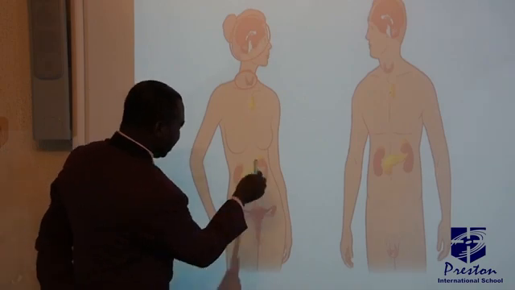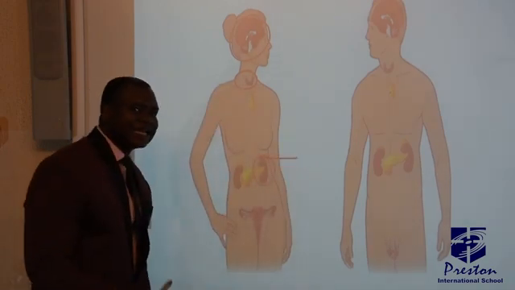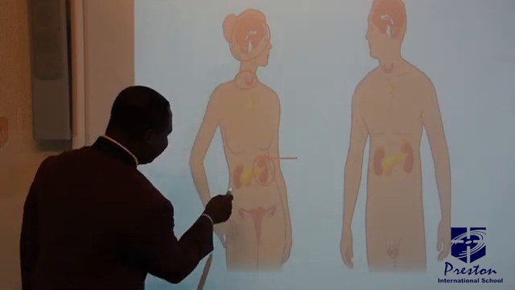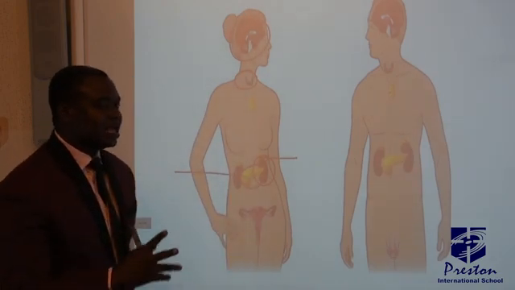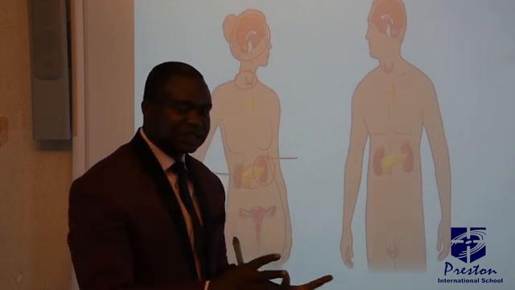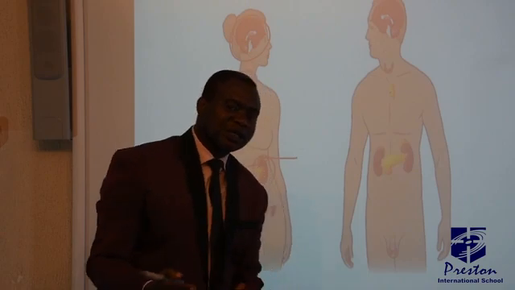Then coming to the layer of our kidney, we have a special gland we call adrenal gland. Then on that same part, very close to it, we have the pancreas. It's a special gland that can function as exocrine at the same time as endocrine. That means it could be functioning as a duct as well as a ductless gland.